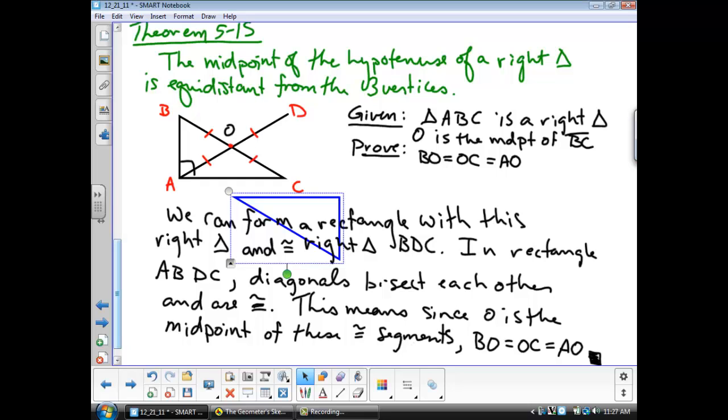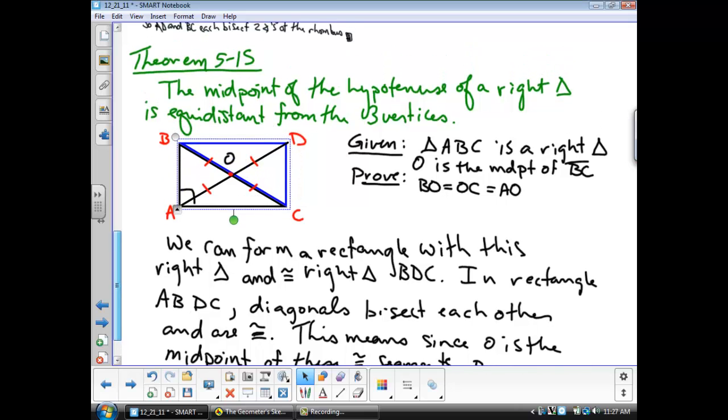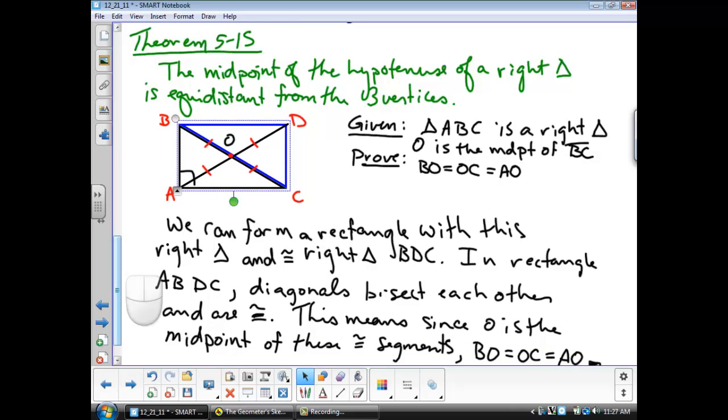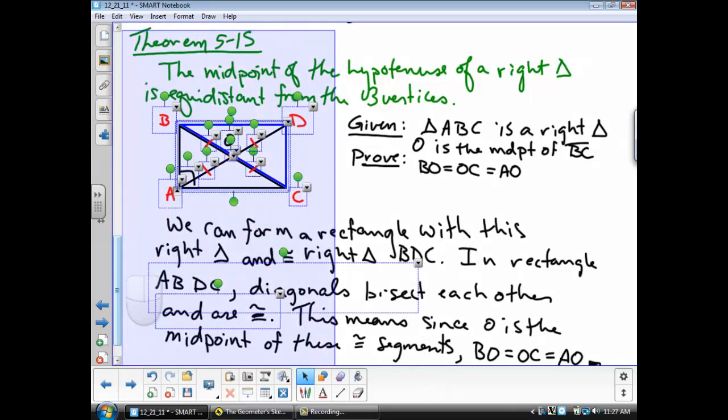And what that gave us was a rectangle. Since the diagonals are congruent and bisect each other, that point O is the midpoint of both diagonals, and all of those pieces, BO, AO, and CO, must be congruent. And that's where we ended. So we're going to go on to theorem 5.16.